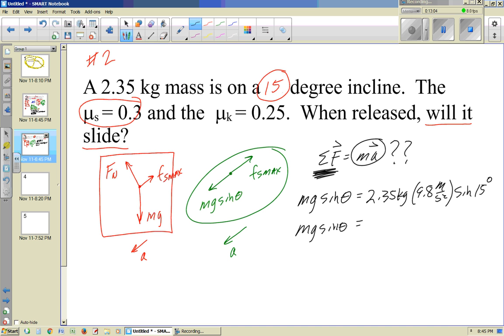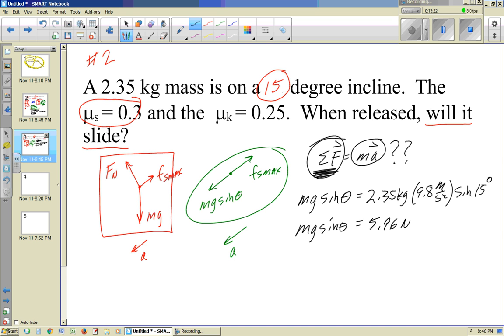I got my answer. Okay, it shouldn't take that long. So the value of this is 5.96 newtons. So this is one part of the net force.